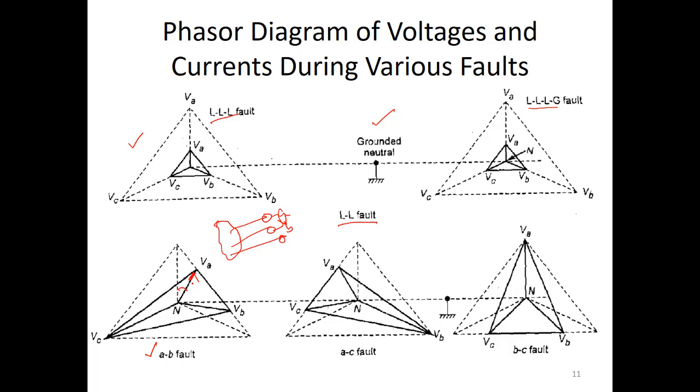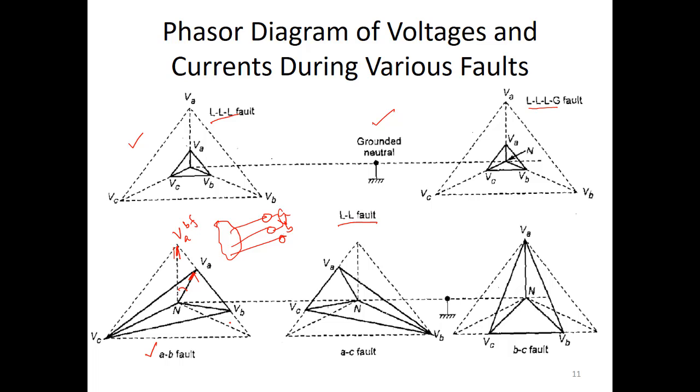Then obviously the voltage during the fault will lag the original voltage VA. This is the original VA, before the fault. So VA during the fault will lag the before-fault voltage.